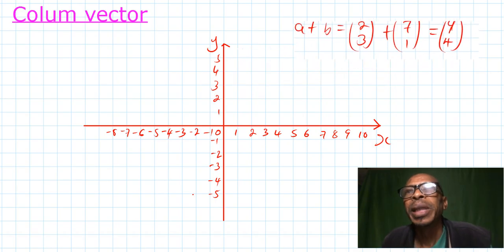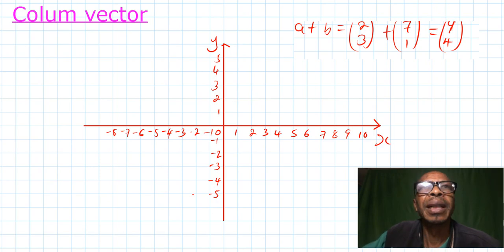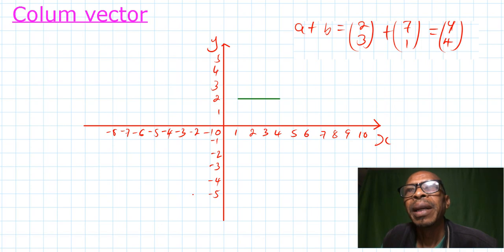We have said A and B. We can demonstrate A using 2 and 3. So the displacement we can draw, let's use a different color: along the x-axis we have 2 units, along the y-axis 3 units. So that is our vector A.